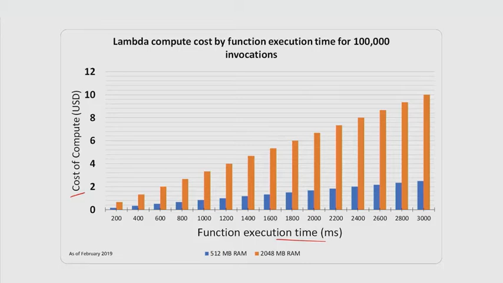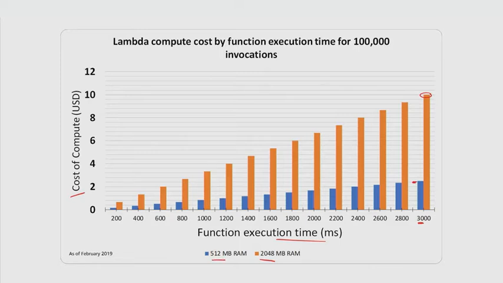So in orange, for example, at the 3-second mark, what I can see is that for a function that will have 2 gigs of RAM, it will cost close to $10 for running that for 3 seconds for 100,000 invocations. For 512 megs of RAM, it will cost a lot less, so about $2.50 or $3 here.